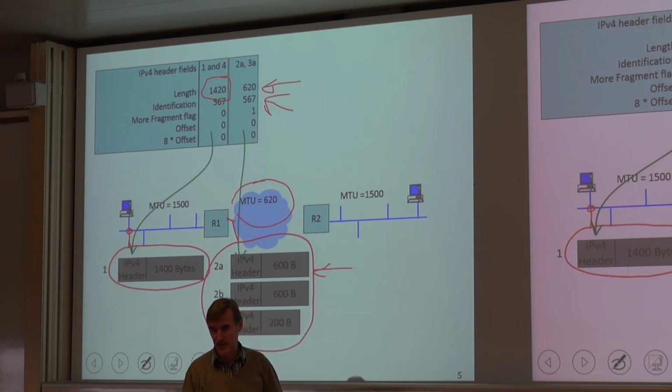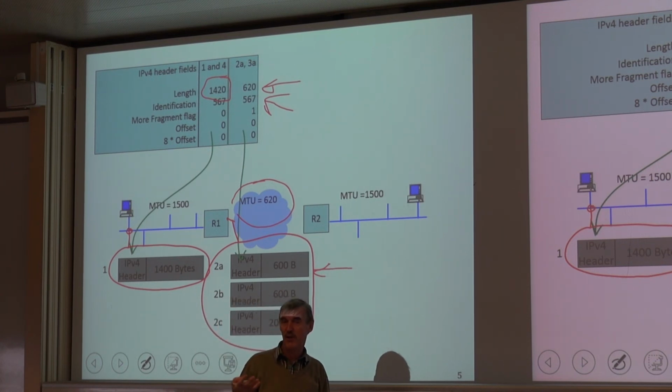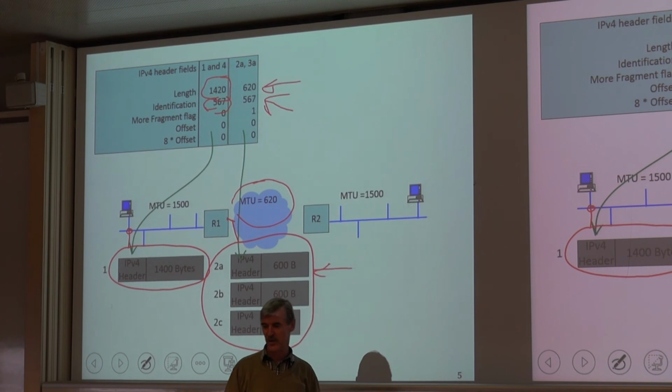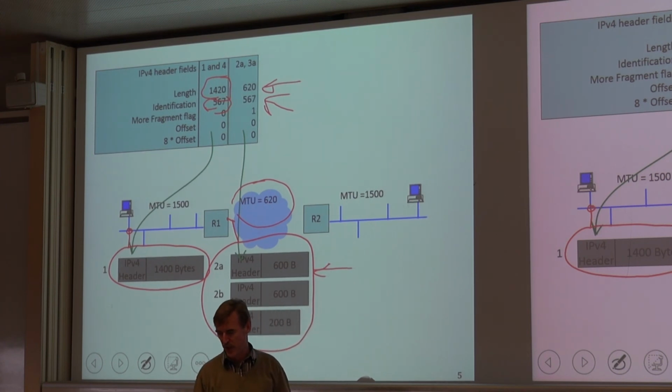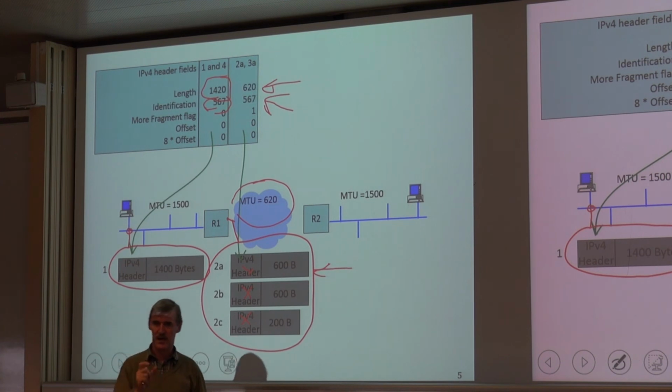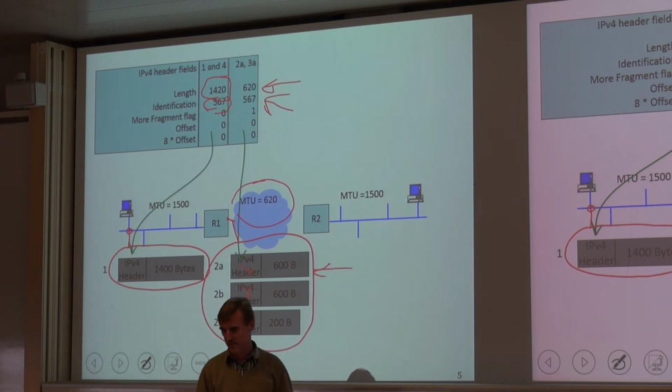The use of this packet number, if you want, is only for fragmentation. So at the source, when the packet was created, it had the number 567. So the 3 fragments will have the same number, 567, written here. This is what will be used to reconstruct the original datagram by having the same number in.